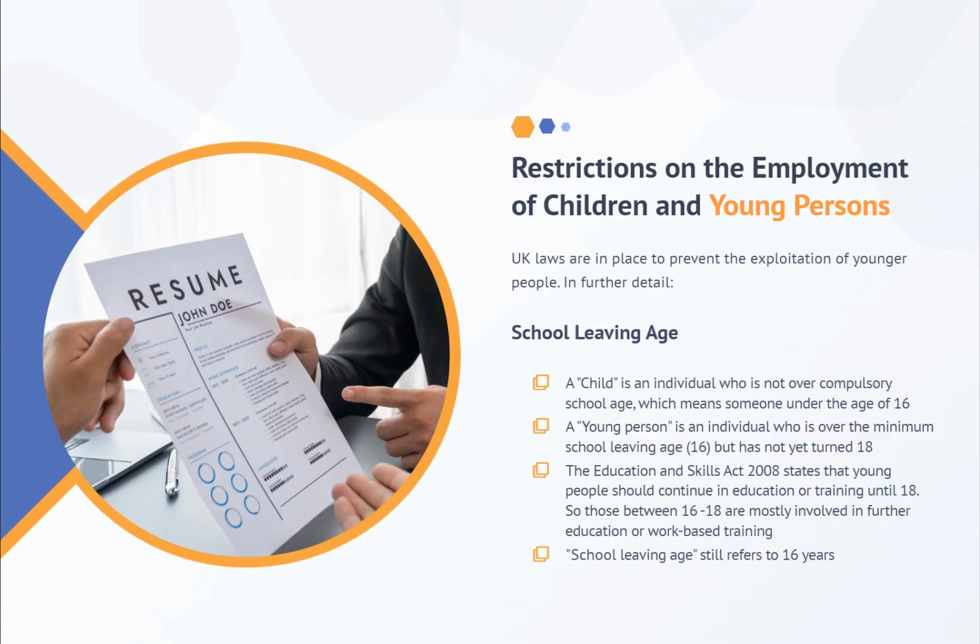A young person is an individual who is over the minimum school leaving age, 16, but has not yet turned 18. The Education and Skills Act 2008 states that young people should continue in education or training until 18. So those between 16 to 18 are mostly involved in further education or work-based training. School leaving age still refers to 16 years.